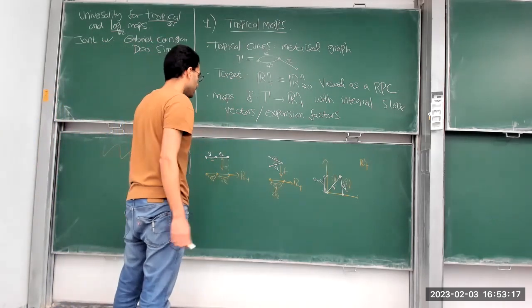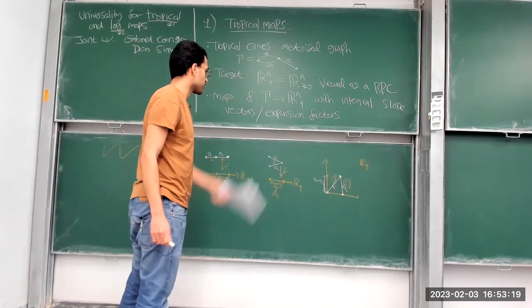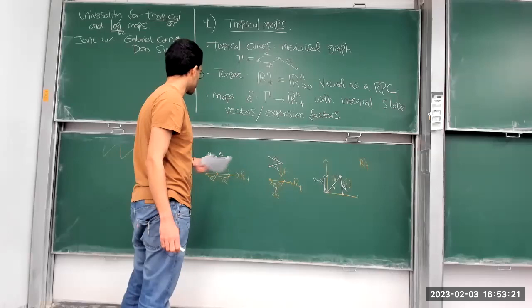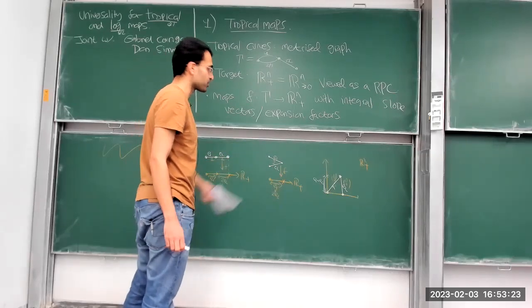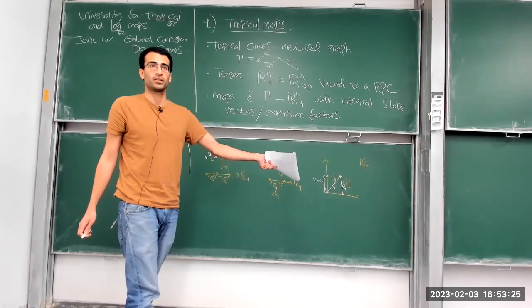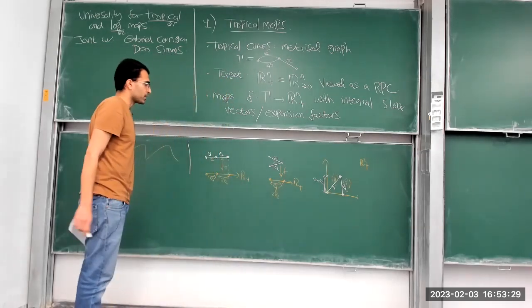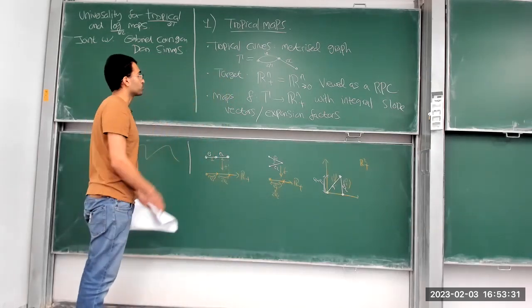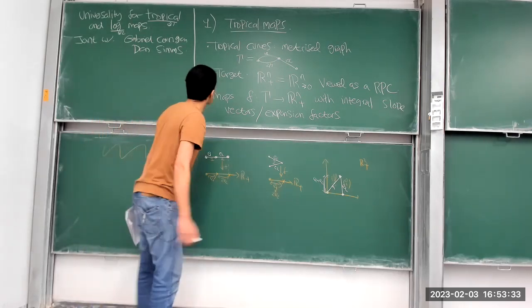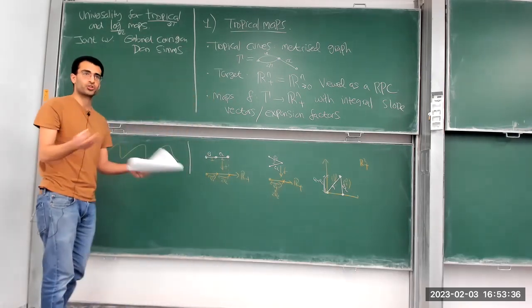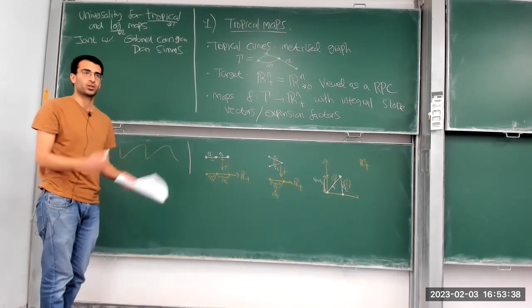So this is my setup. Perhaps the experts in the audience might be slightly uncomfortable with what I've drawn here. You'll notice there's no balancing condition in this story. And that's by design. The reason is that later we're going to look at logarithmic maps to arbitrary pairs as opposed to toric varieties.